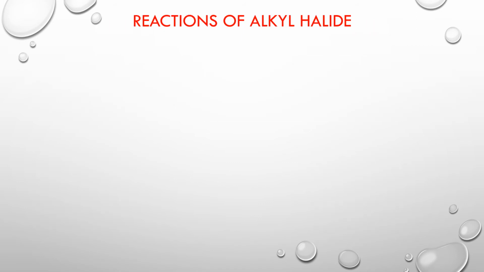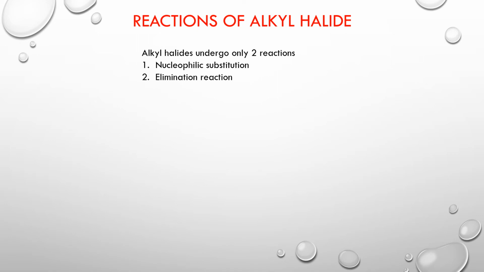Now that we have looked at the chemical reactivity of alkyl halides and have predicted which alkyl halide is going to react quickly and which one is not, let's look at the reactions of these alkyl halides. So basically, alkyl halides undergo only two chemical reactions, and these are nucleophilic substitution and elimination. You just have to remember these two for alkyl halides.